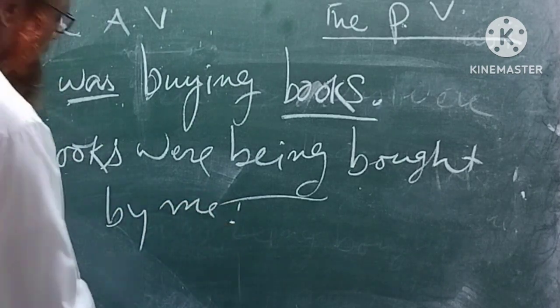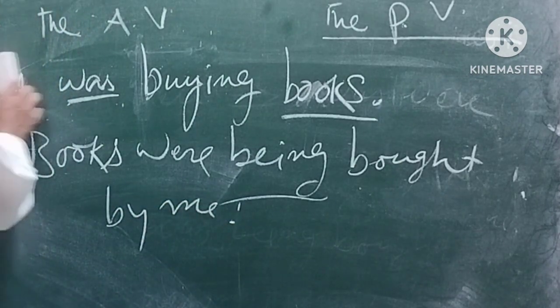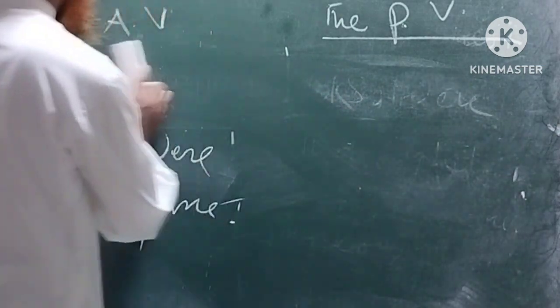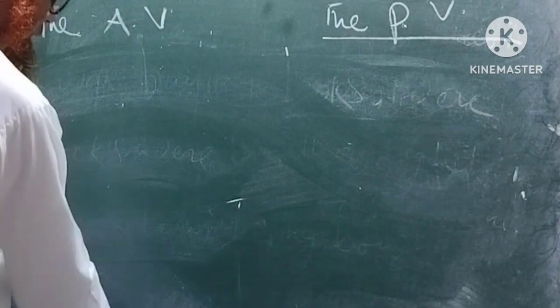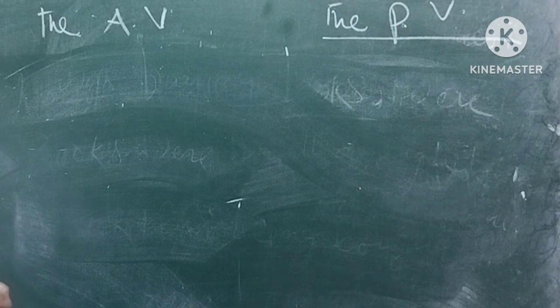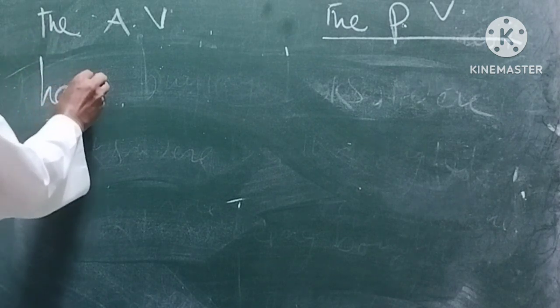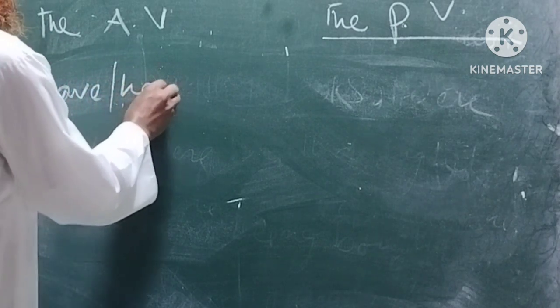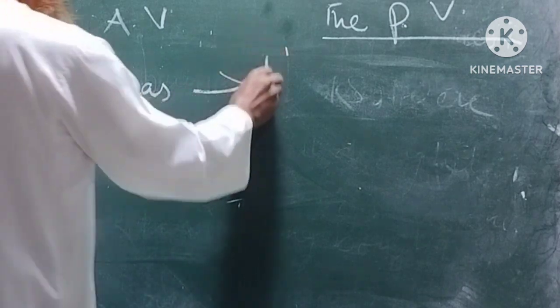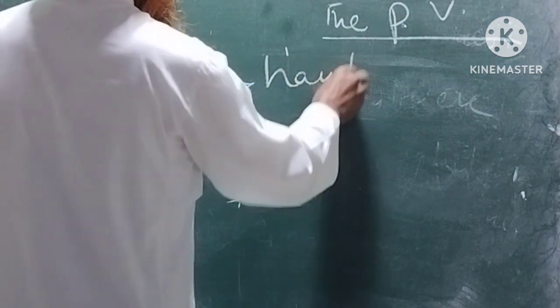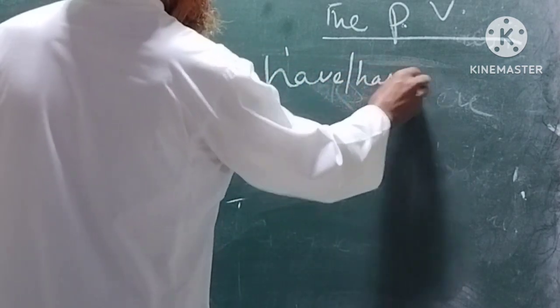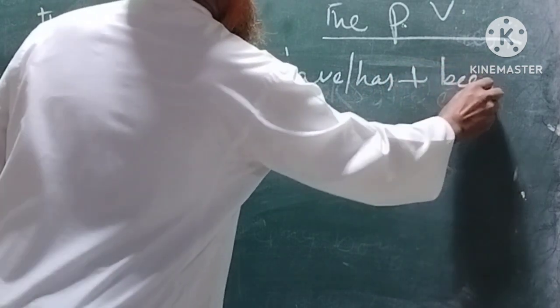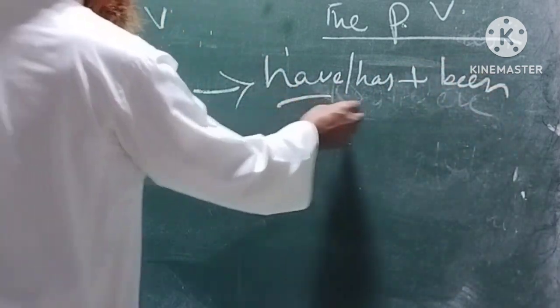In the same way, another form: have, has plus been. That means have been or has been.